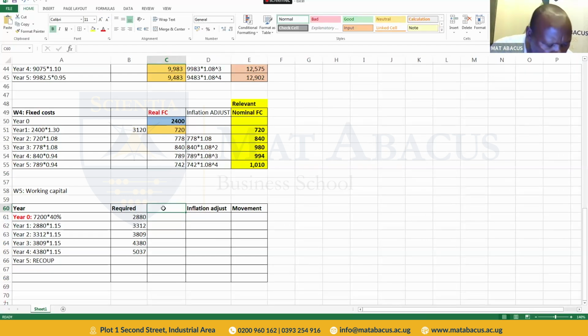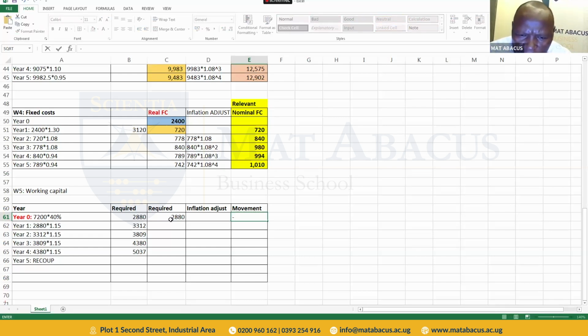This is still required, but I want to bring in inflation, and the answer will go there. So the required here is still 2880. And because that is the required, it will be the figure we need. You will not affect it for inflation, which is 2880.